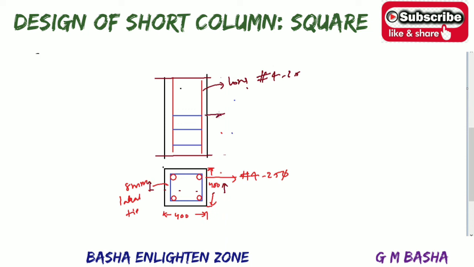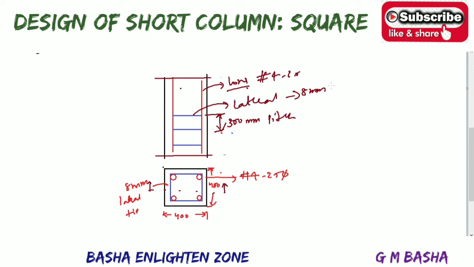And there is a spacing of minimum 300 mm, that is the pitch. This is the longitudinal bar, and the lateral tie uses 8 mm. So this is the detailing of the reinforcement for that particular square column.